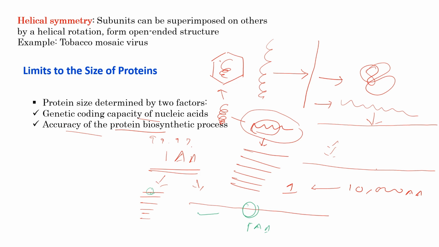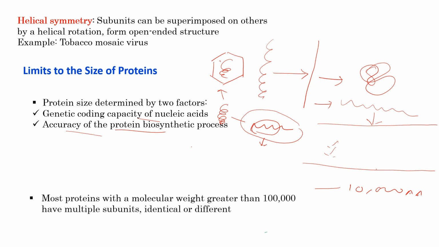Whereas a change in a single subunit can be tolerated. Therefore, this limits the size of a protein and makes the protein of multiple subunits. Therefore, most proteins with molecular weight greater than 1,000 have multiple subunits, identical or different.